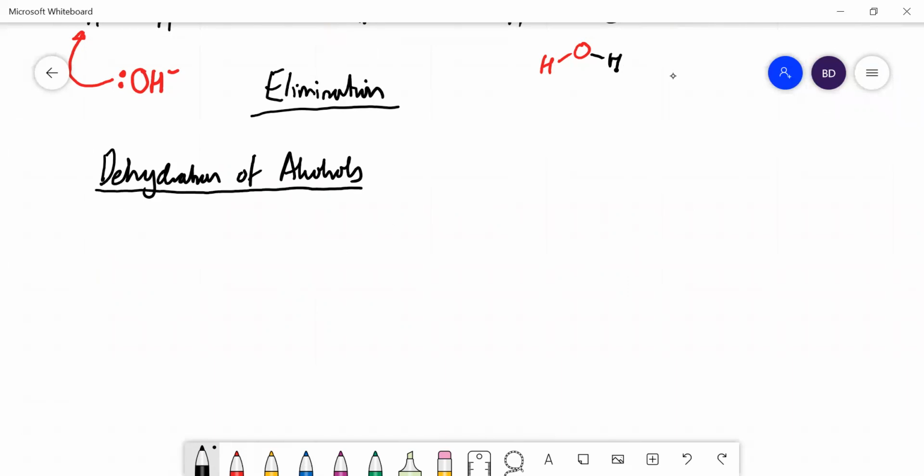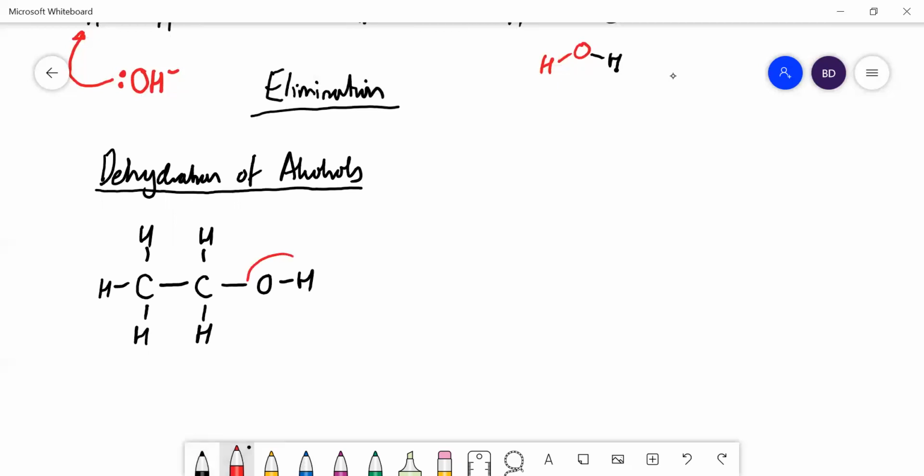Now let's start off with ethanol. And it is very similar to the elimination of HBr, because we're going to lose an OH from that carbon and a hydrogen from the one next door, and we're going to form a double bond there. We're going to form ethene. That's what's going to happen.